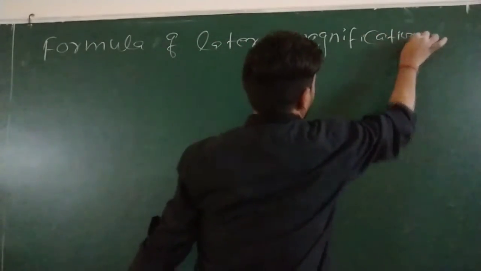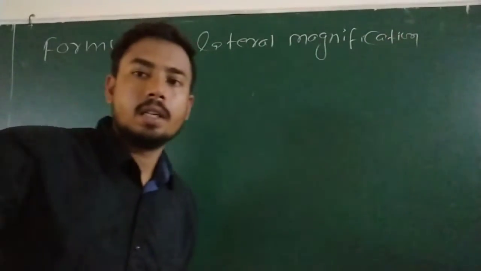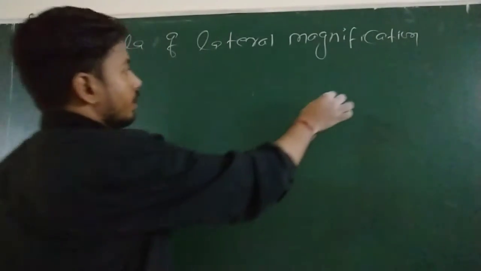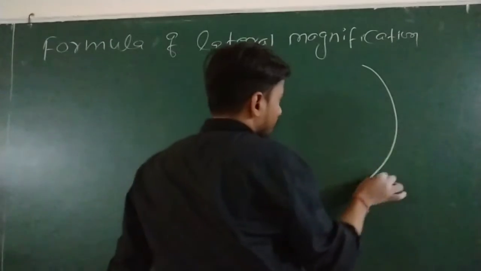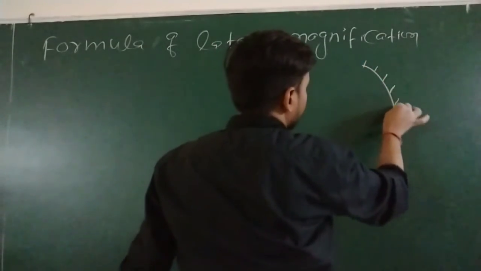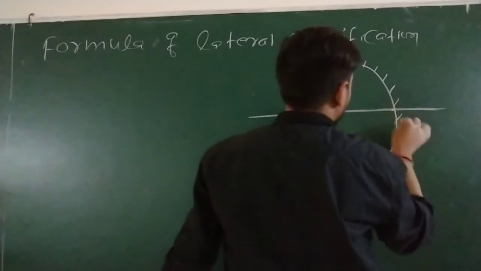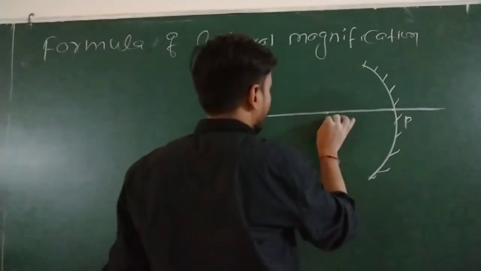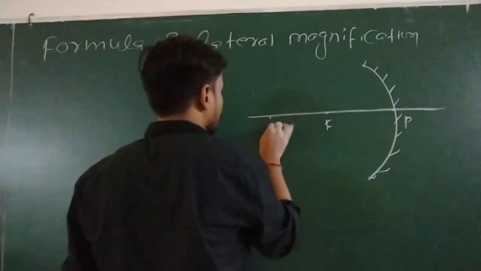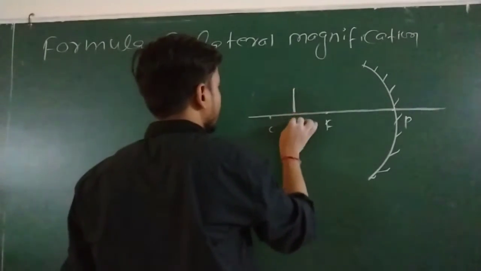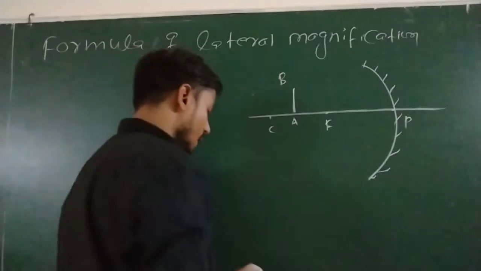So my dear students, suppose this is a concave mirror. Here is the pole, suppose this is the focus, this is the center of curvature. Suppose here we take one object AB.